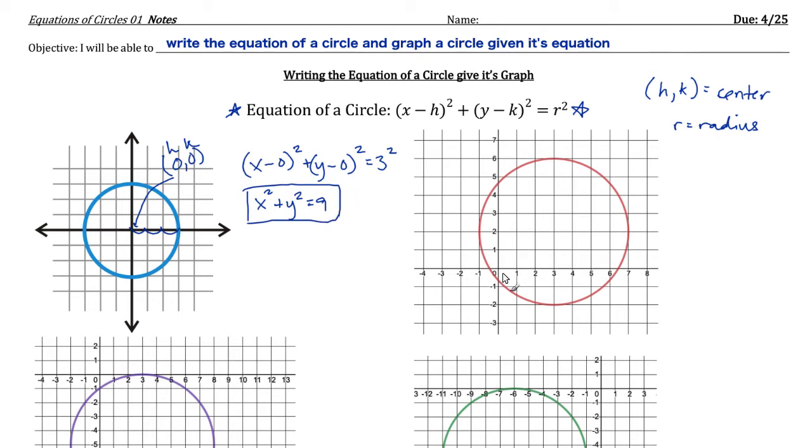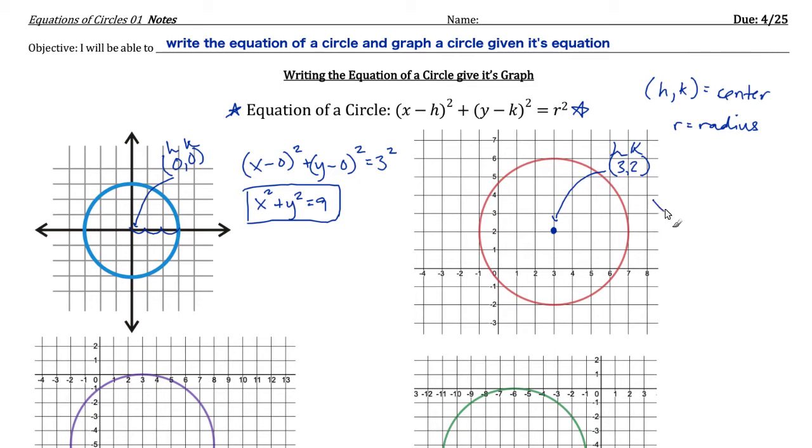Like, for instance, let's find the center here. 1, 2, 3, 4. 1, 2, 3. The center is 3, comma 2. That's h, that's k.